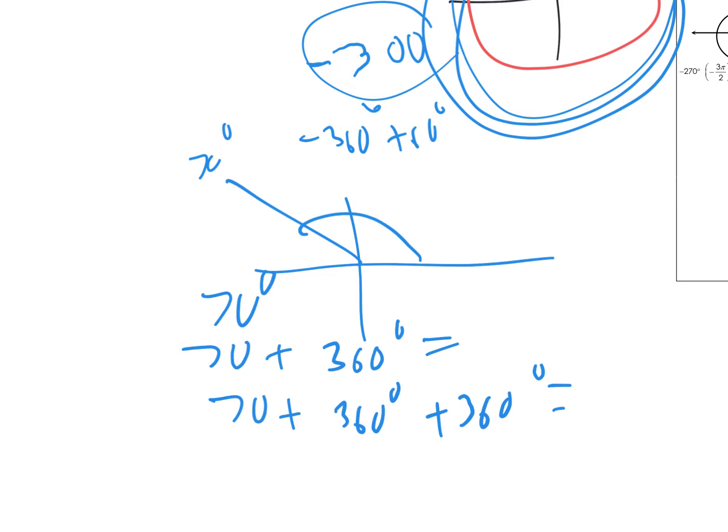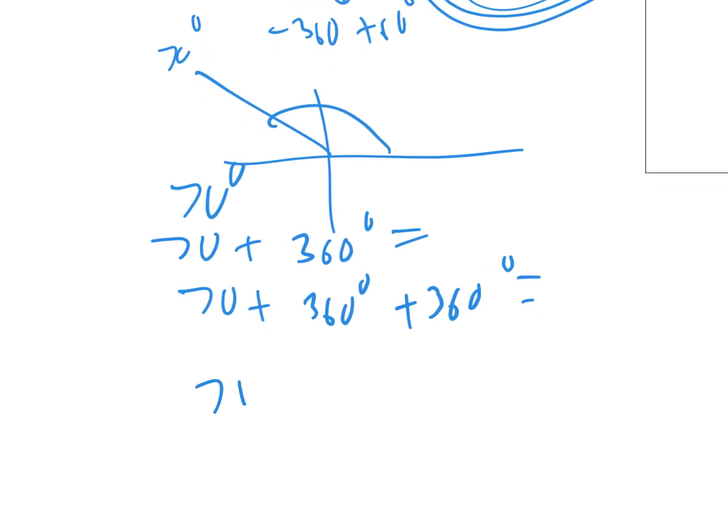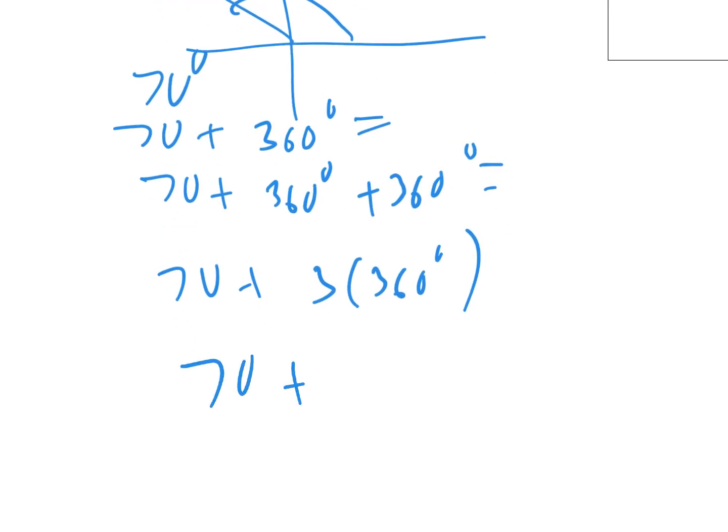What am I doing each time? 70 plus 3 times 360. 70 plus 4 times 360. Those are all going to be coterminal angles. Isn't that fun? You could do this all night long and never get tired, right?